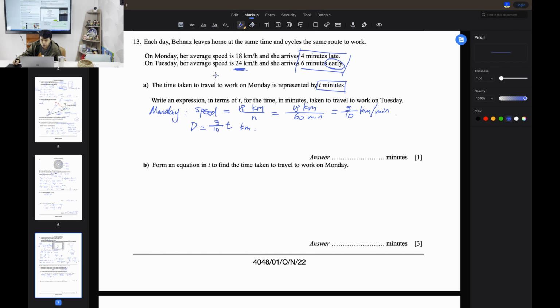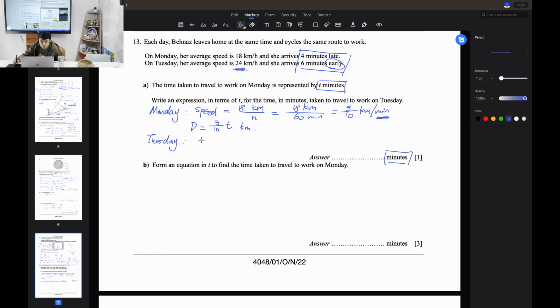Then on Tuesday, her average speed is 24 km per hour. You may wonder why I change this to minutes. Because in a way I can straight away find out the time in minutes for Tuesday.